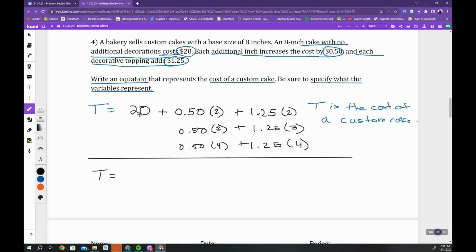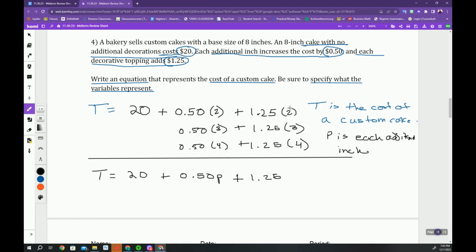T equals that base fee of 20, we're always going to pay that 20, plus the 50 cents, let's say, times P. And P is each additional inch, plus 1.25.